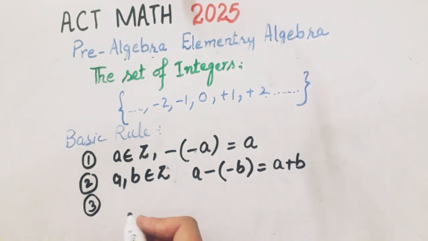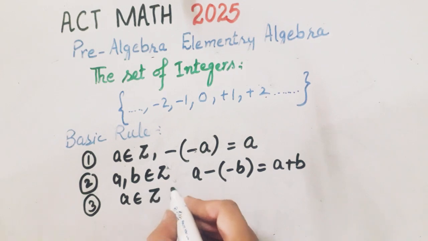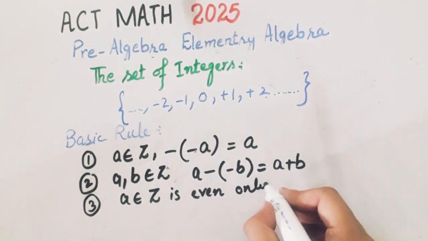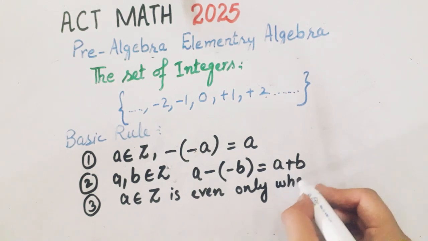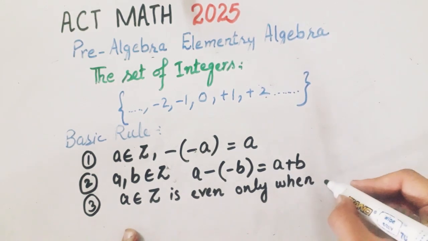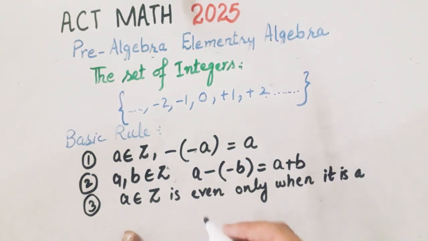The third rule is: an integer A belonging to Z is even only when A is a multiple of 2.